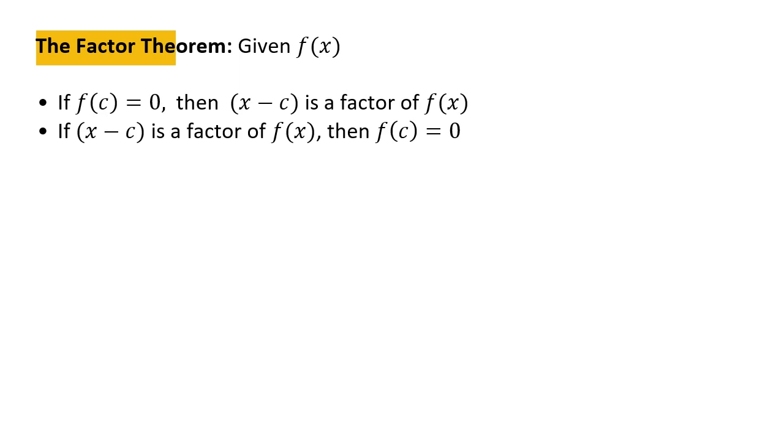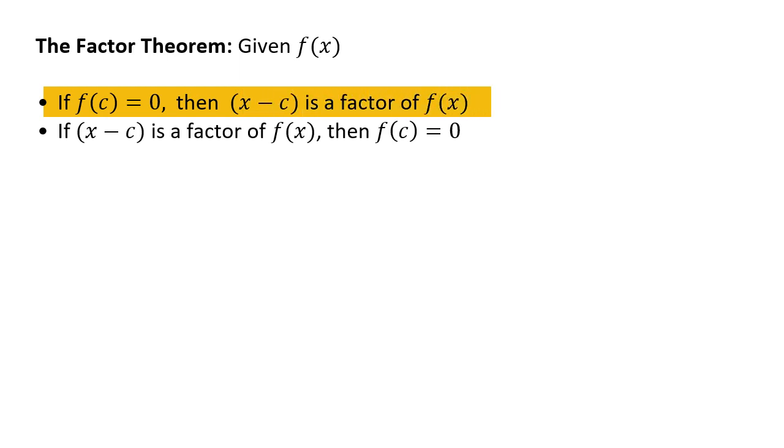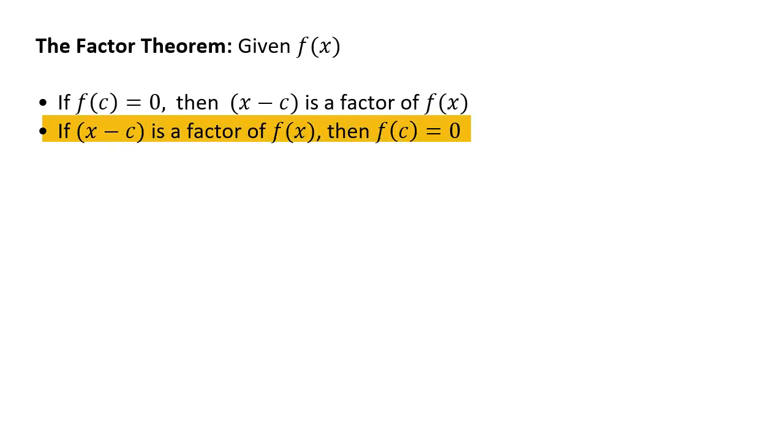The factor theorem states that given a polynomial function f of x, if f evaluated at c equals 0, then x minus c is a factor of f of x. If the quantity x minus c is a factor of f of x, then f evaluated at c equals 0.